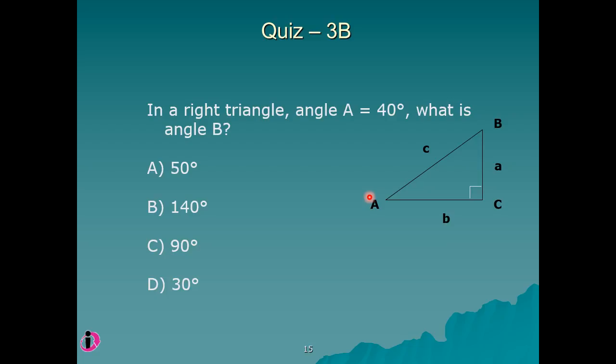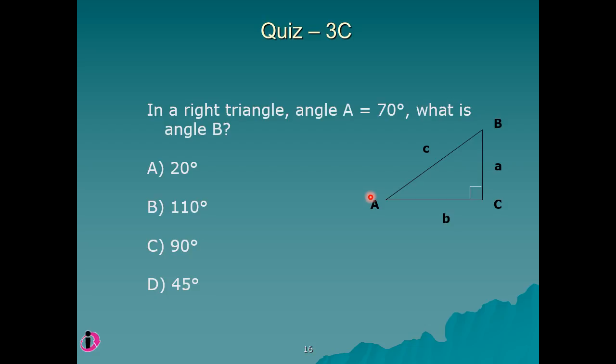Again here, if A is 40, B is 50, right? So you can always think like this: A plus B, meaning the angles without the right angle, is 90. So the right answer is 50, A. If A is 70, B is 20, right?